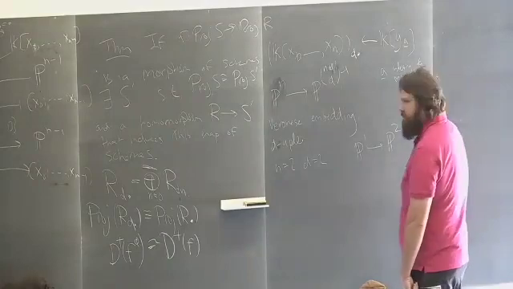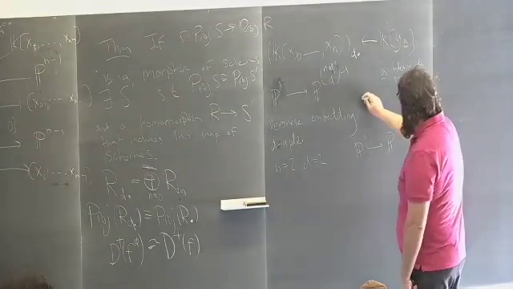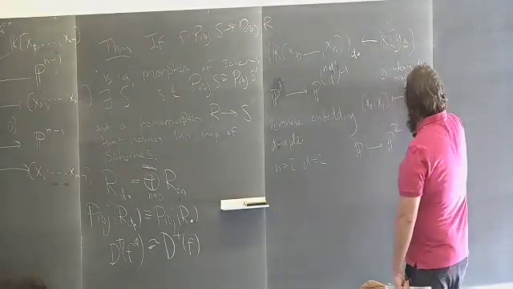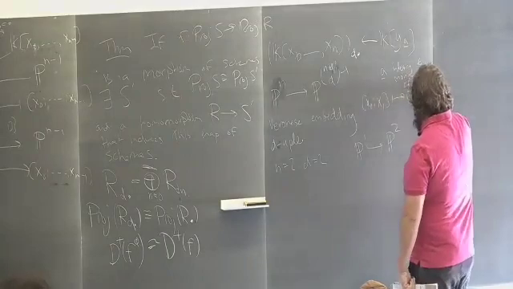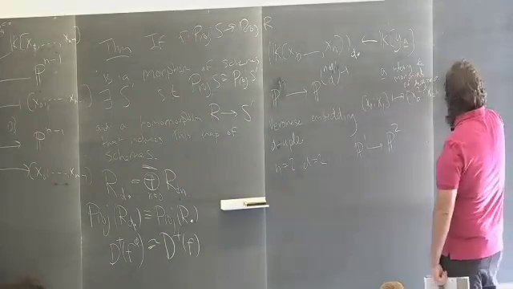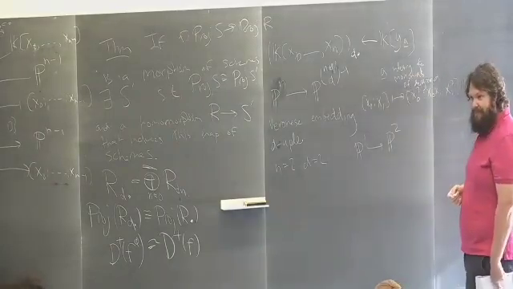Right. This sends x0, x1 to x0 squared, x0 x1, x1 squared. This is a point in P2. That's where the minus 1 comes from.